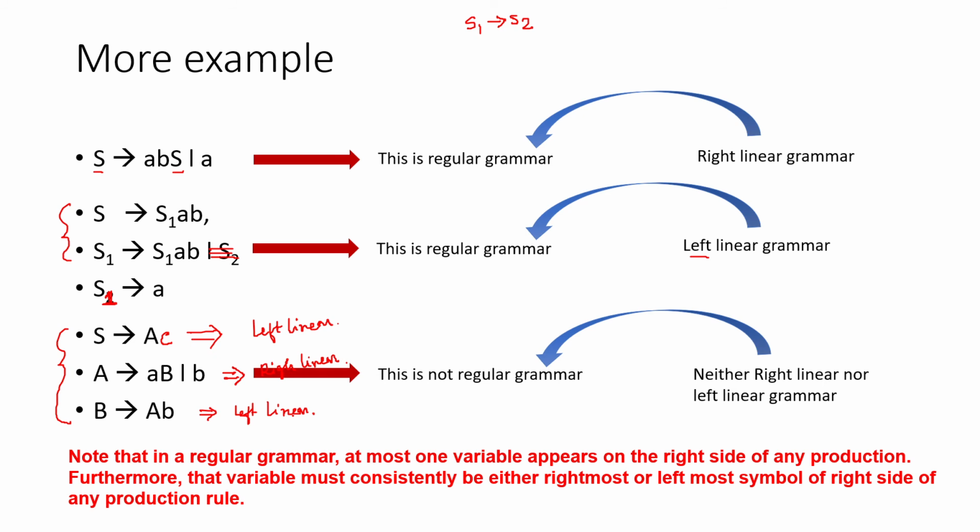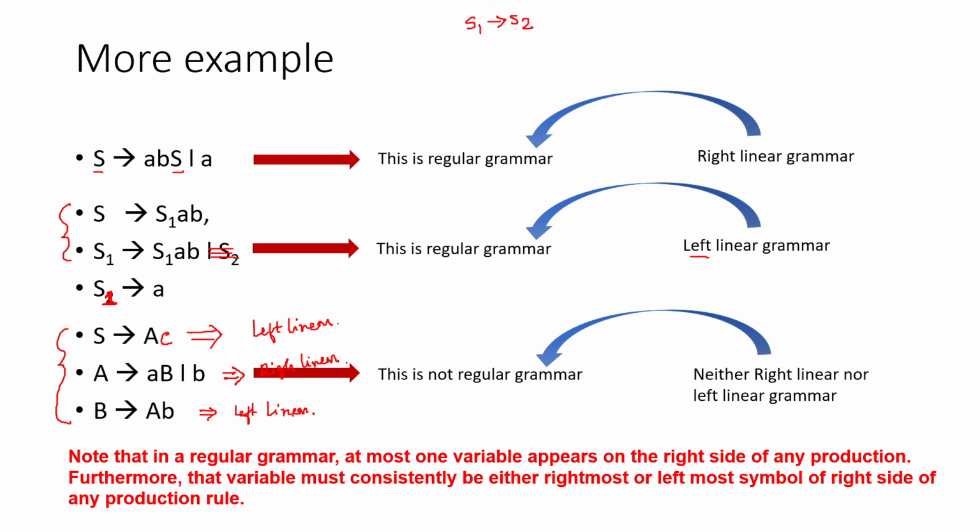Furthermore, the variable must consistently be either the rightmost or leftmost symbol of the right side of any production rule. If it is a combination, then the grammar as a whole no longer remains a regular grammar.